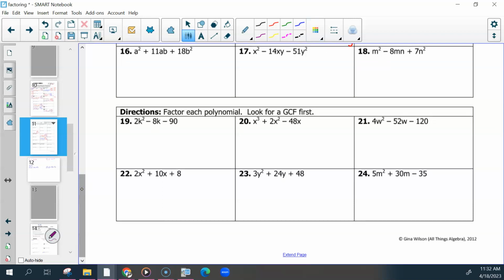So for number 19, we have to look and see what each of these have in common, something we can divide each of them by. Now, as a hint, usually whatever the first number is will be what you can divide them all by.